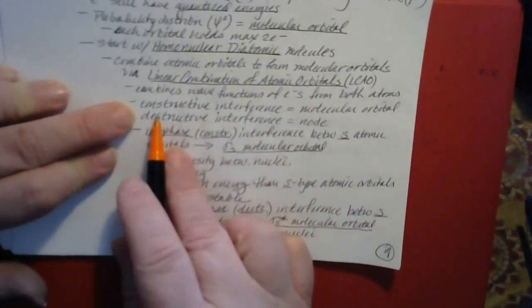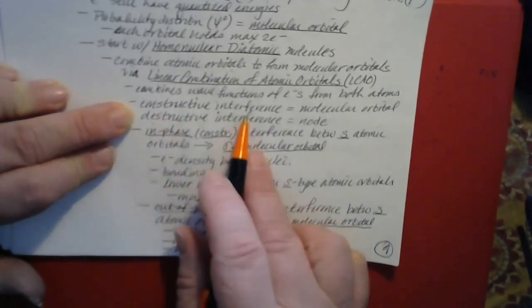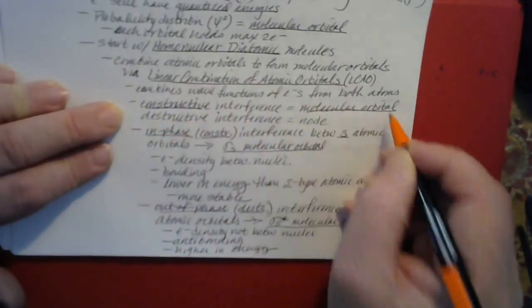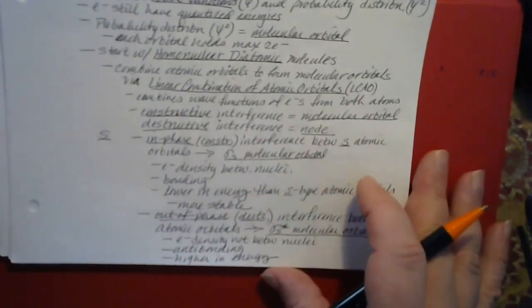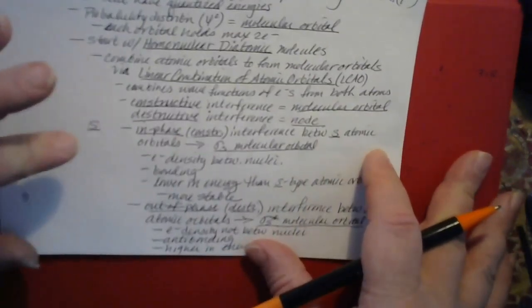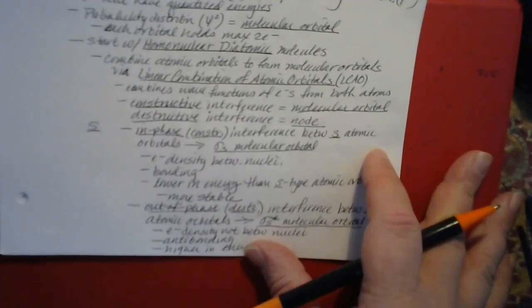And when you have constructive interference, you have a molecular orbital. Destructive interference leads to a node. And just remember, a node is a place where there's essentially zero likelihood of finding an electron. Again, as in the case of individual atoms, we're not mapping out exactly where the electrons are.